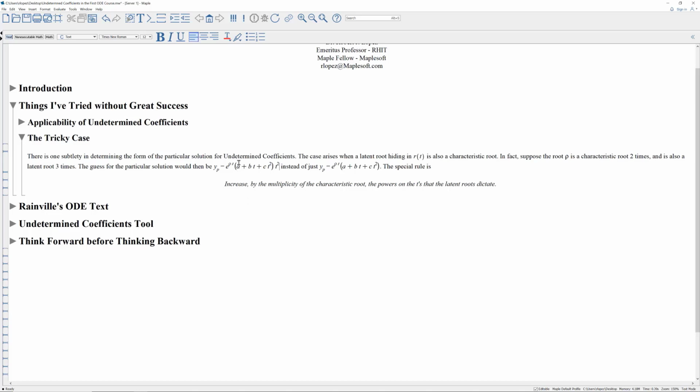So in other words, this is the first occurrence of the root. This is because of the second. This is because of the third. This is because of the fourth and fifth. So here's this rule, again in words: the powers on the t's that the latent roots dictate are increased by the multiplicity of the characteristic root.